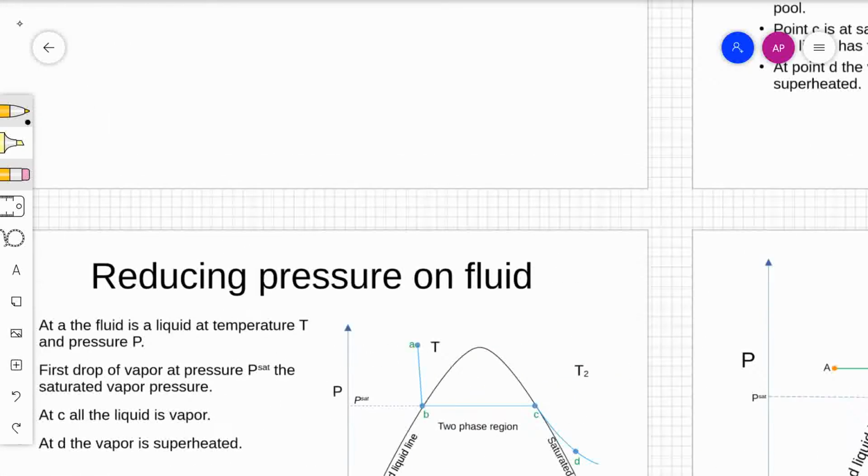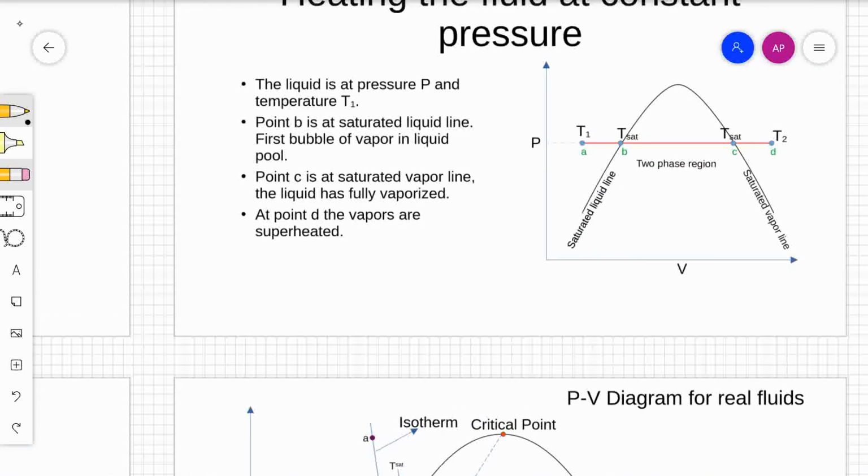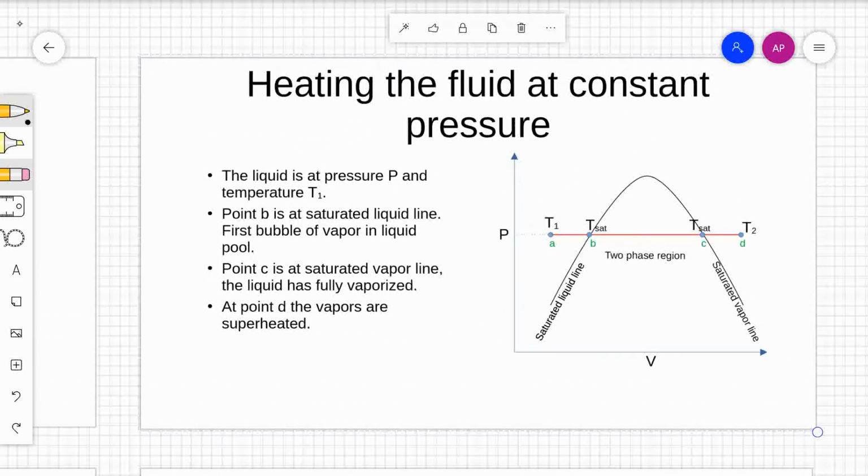Now let's do a very small thought experiment.